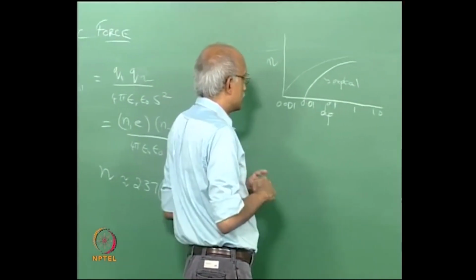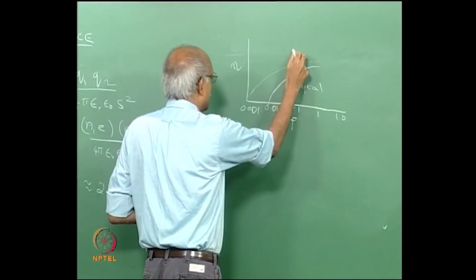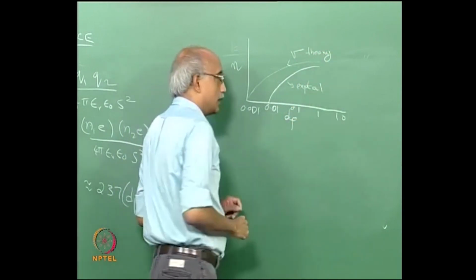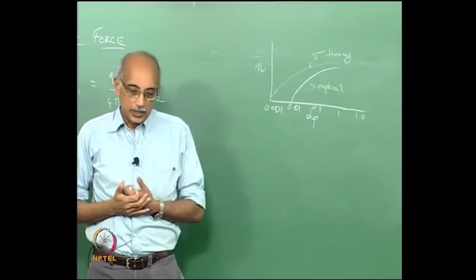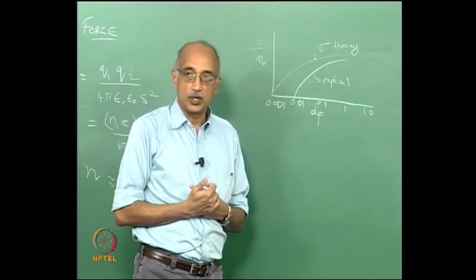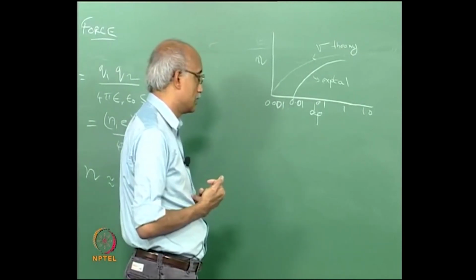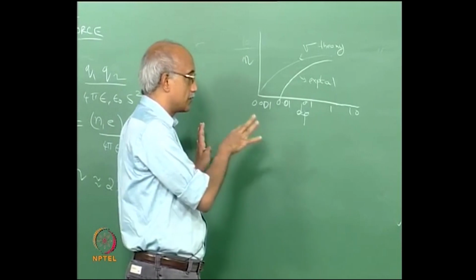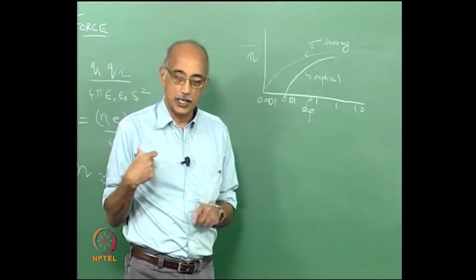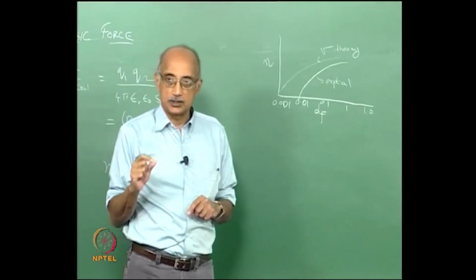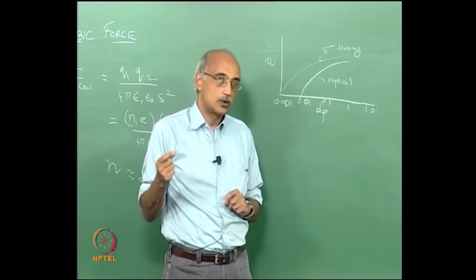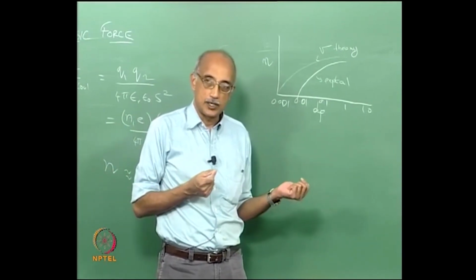So this is basically what's predicted by the square root theory, and it severely overestimates charge pickup by particles in the very fine size range. So the practical implication of this, and what we have discussed in terms of Fick diffusion or Brownian diffusion, is that as you start approaching nano dimensions, diffusive phenomena become much more important than electrostatic phenomena.